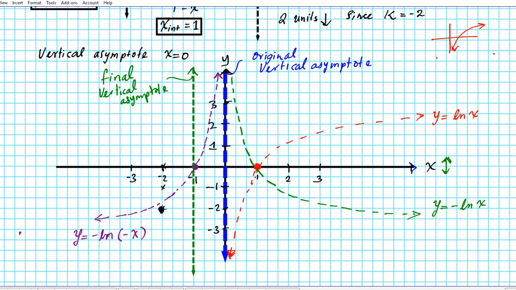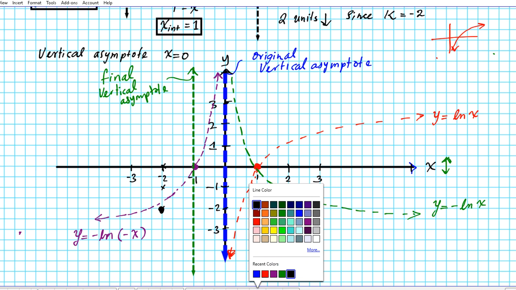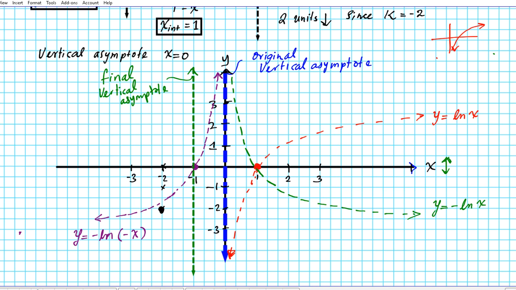So what's going to happen is that the line is going to get really close to the new vertical asymptote. It's not going to be dotted since it's the final answer, so it's going to be solid. It's going to move right here to the line. Alright, move the label out of the way. And then this one is just going to descend downwards, following the general pattern of your natural logarithmic function. Okay, so something like that.